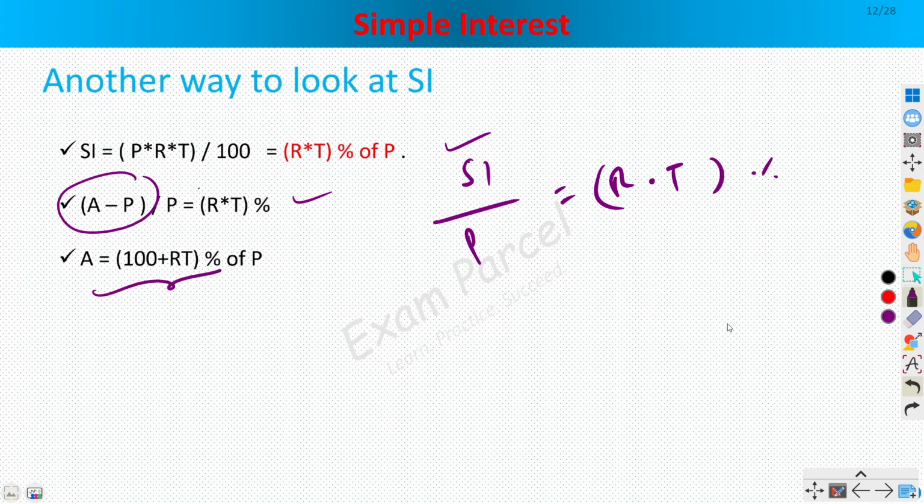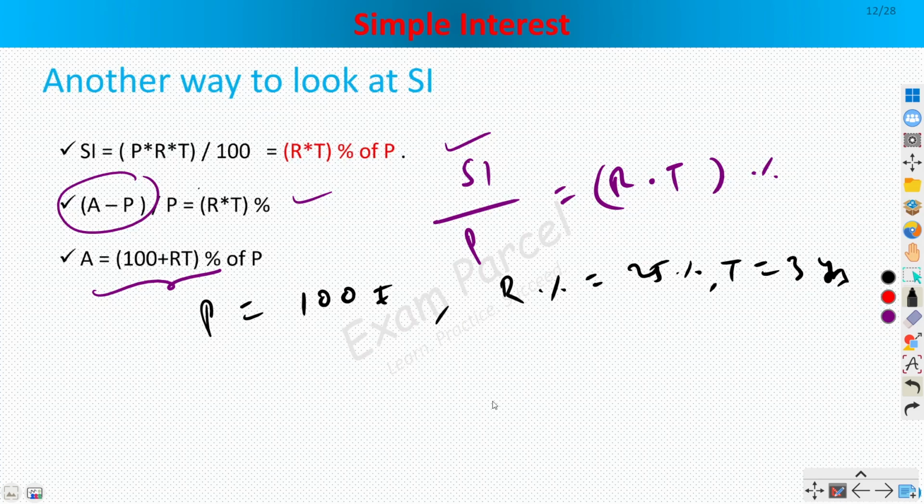Now this third formula, you should always remember. Let's say principal is 100 rupees, and rate percentage is 25%, and time is, let's say, 3 years. So someone asks you what is the amount. So amount would be, first think of SI.